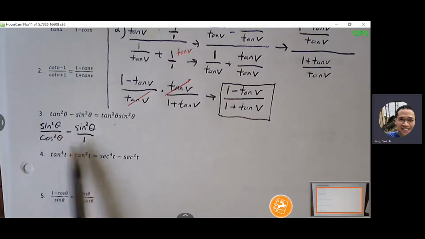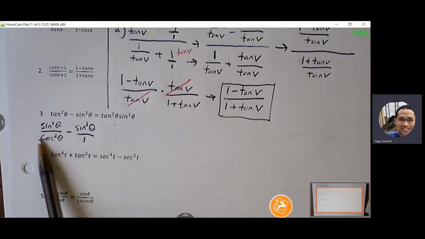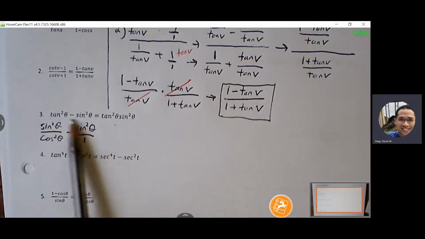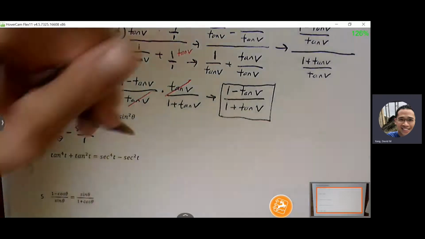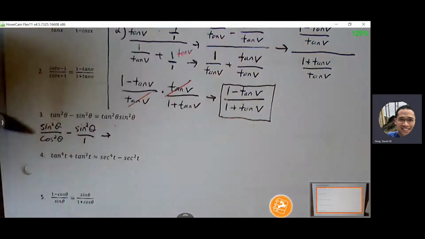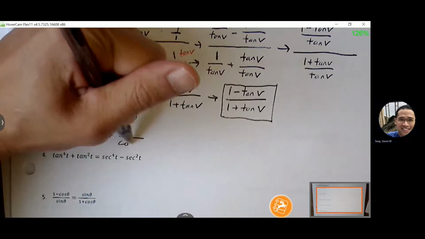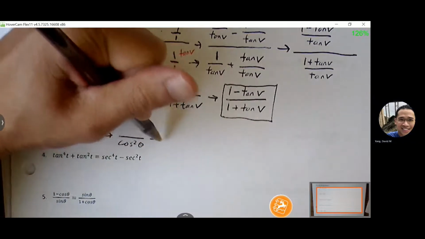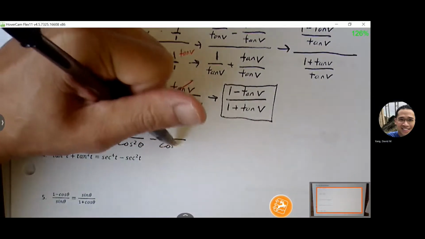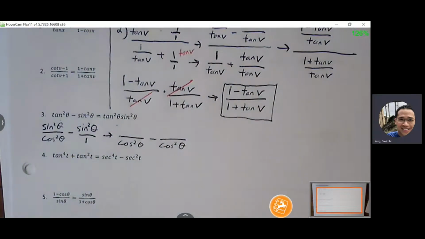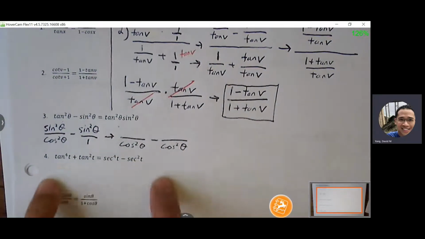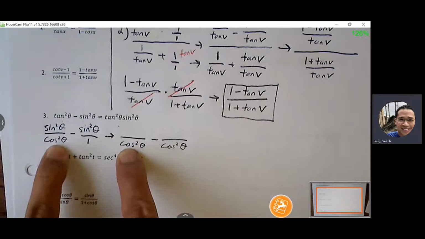Okay. So now I'm seeing, maybe there's an opportunity to merge these two fractions together if I find a common denominator. So my common denominator is cosine squared. Balance my fractions here. Nothing changes with my first fraction.